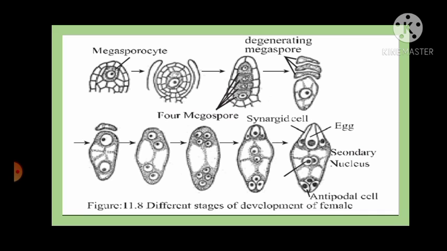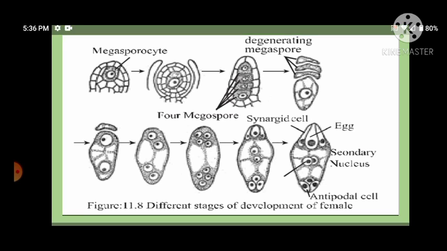There is a picture of different stages of development of the female gametophyte. The first one is megasporocyte. After that we can see there are 4 megaspores and 3 megaspores are degenerating. And finally we can see the synergid cell, egg, secondary nucleus, antipodal cell.